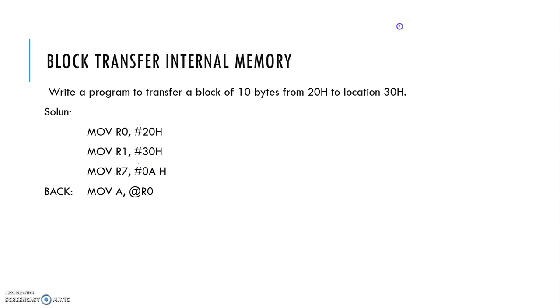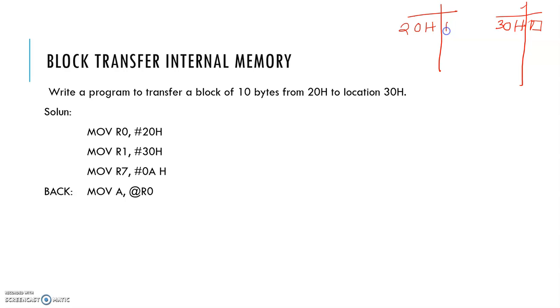We are moving data from 20 hex to location 30 hex. R0 register is used to point to the source address, and R1 register is used to point to the destination address. The R1 register contains the destination address, so @R1 means it is pointing to the destination location.